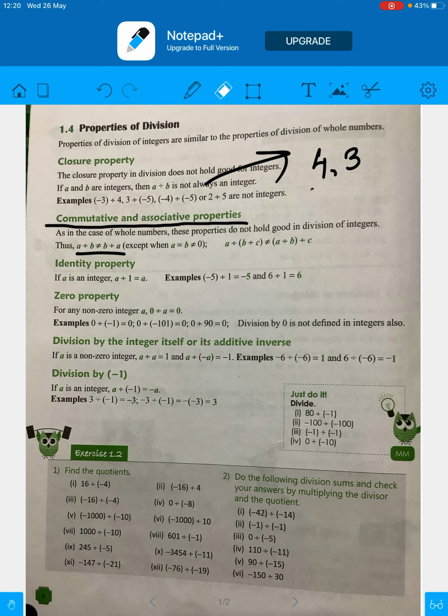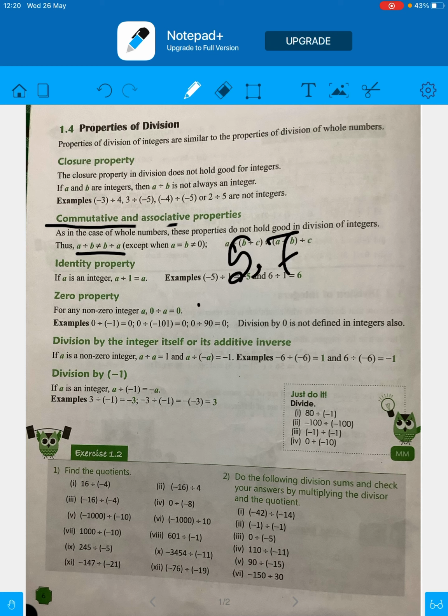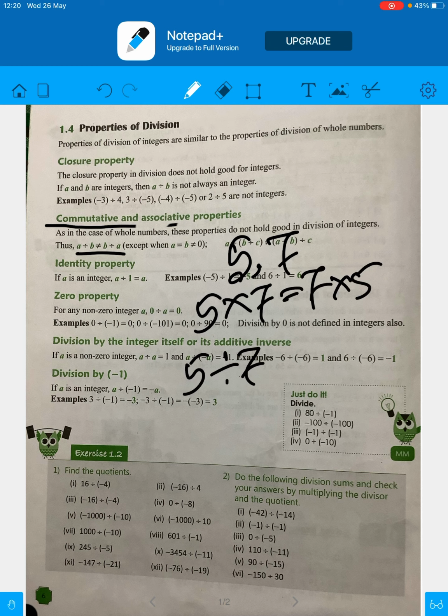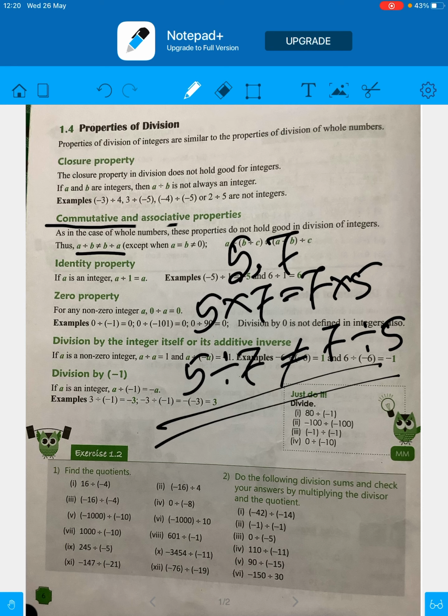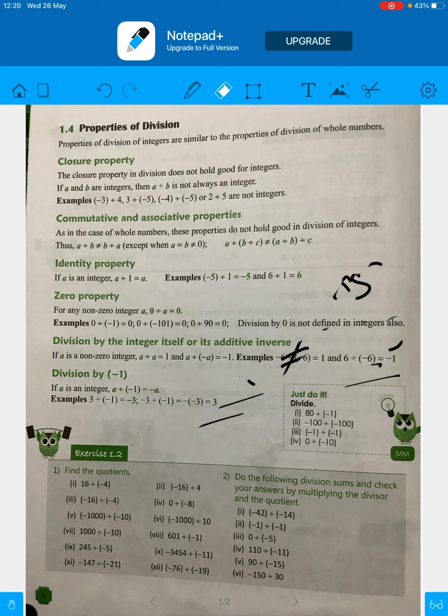Suppose we take two numbers, 5 and 7. 5 into 7 is equal to 7 into 5. But 5 divided by 7 is not equal to 7 divided by 5. Right? This is a true fact. So commutative law doesn't hold good in case of division of integers.